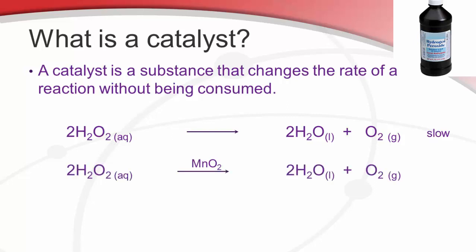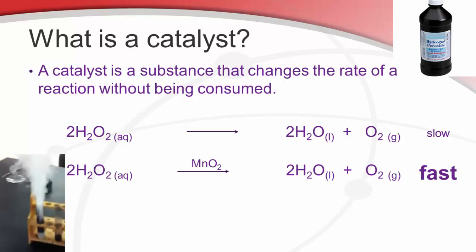Now, in contrast, if we add a small amount of manganese dioxide, this exact same reaction of 2 molecules of hydrogen peroxide going to 2 water molecules and a molecule of oxygen, if manganese dioxide is present in a small amount, this reaction is extremely fast, on a scale of seconds rather than on a scale of years.